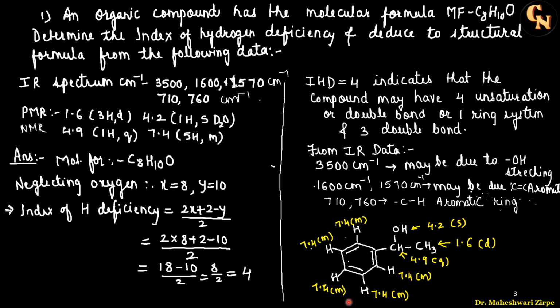Does the structure we have elucidated have 10 hydrogens? Let us count. These 5 hydrogens of the aromatic ring, then 6, 7, 8, 9 and 10; the tenth is the OH. So there are 10 hydrogens, so it has matched, and 1 oxygen. We also have 1 oxygen in the structure, so the structure which we have found is correct.